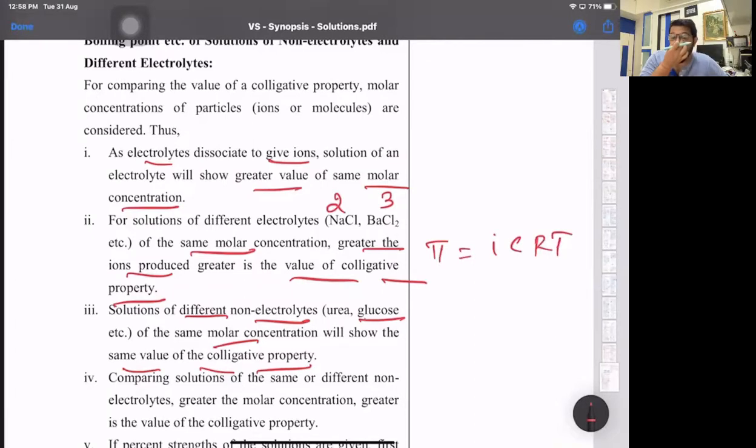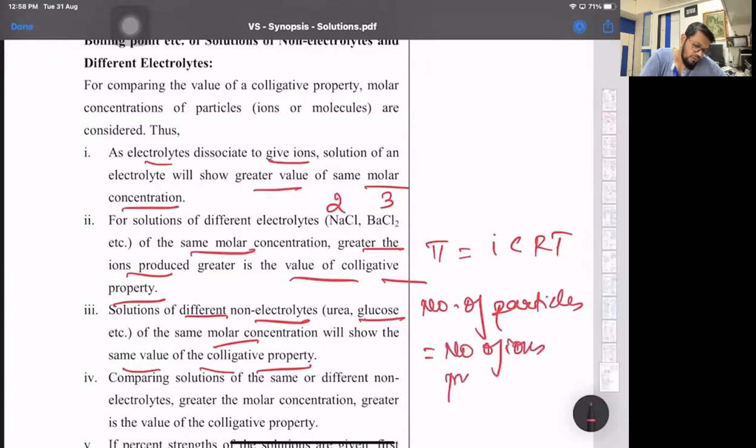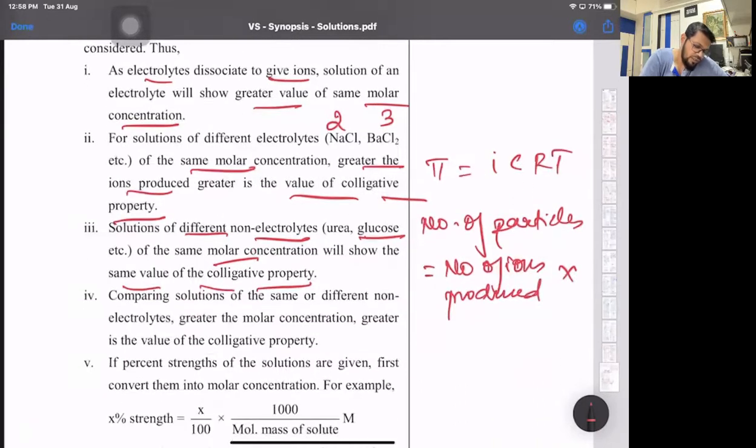So when I say pi is equal to iCRT, it's proportional to the Van 't Hoff factor as well as its concentration and temperature. So when we calculate the number of particles, it will be nothing but the number of ions produced into its concentration multiplied by alpha.